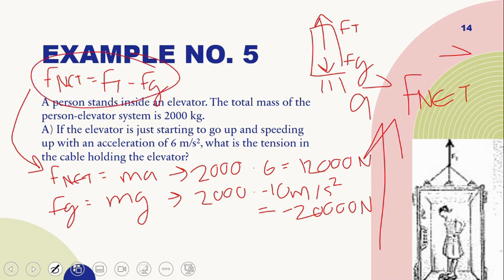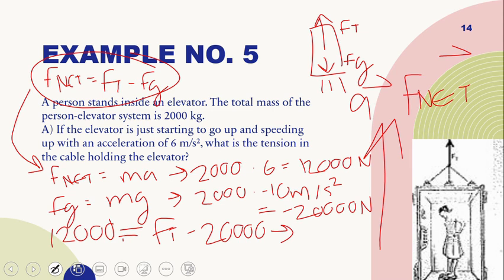So that's 12,000 is equal to the tension force minus 20,000 newtons. And then you isolate for the tension force and you get that it's equal to 32,000 newtons.